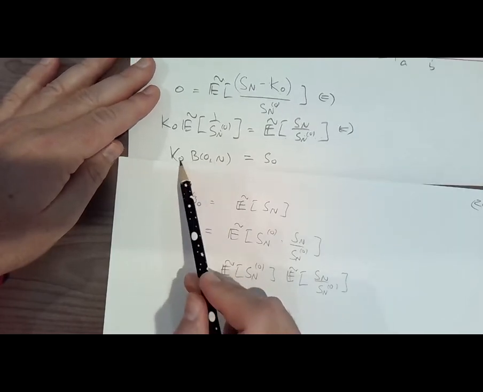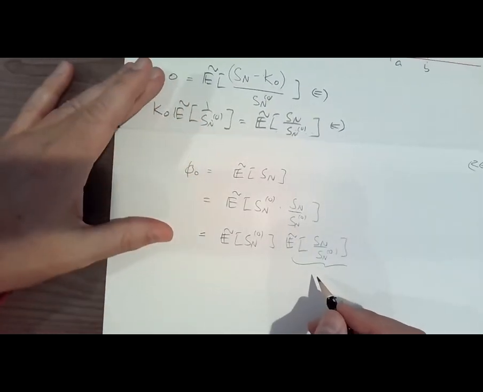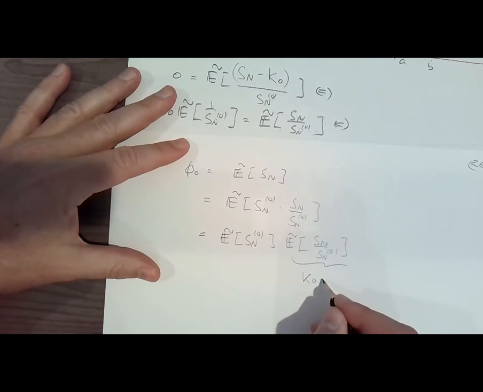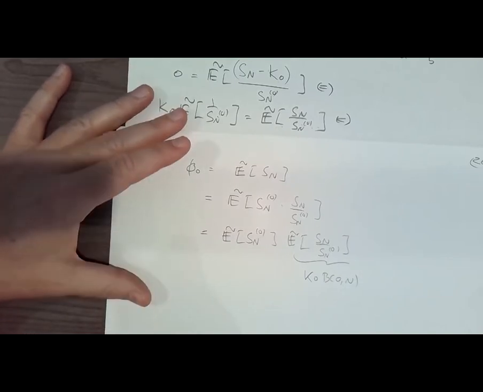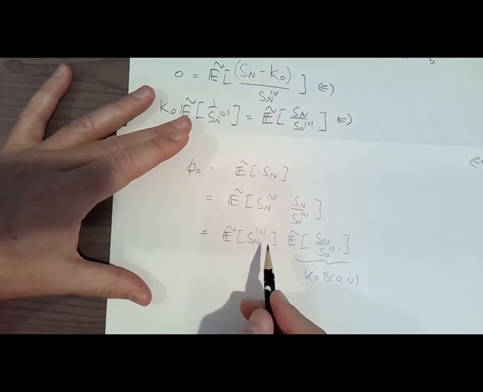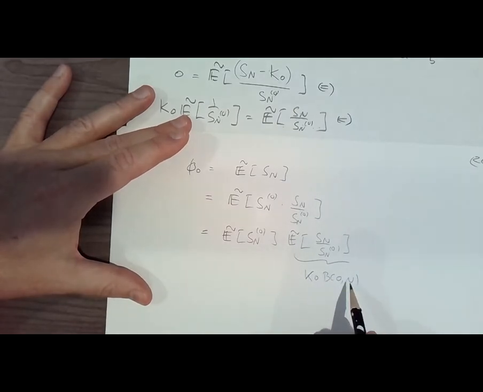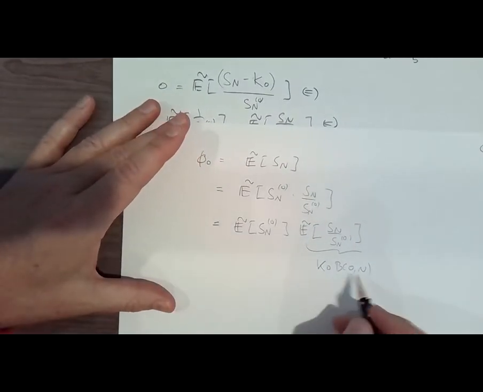That was what was going to give us a forward price. Like this expression here, this is exactly K0 B0n. So we have that phi0 is equal to this expectation here times that guy.